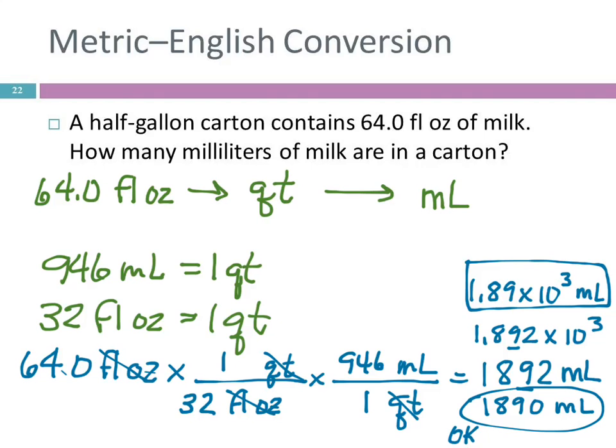Can you repeat why I asked how many significant figures? Yeah. Repeat the significant figures thing. Well, I forgot to look at this. Our starting number had 3 significant figures. This unit factor relates an English unit of quarts and an English unit of fluid ounces.